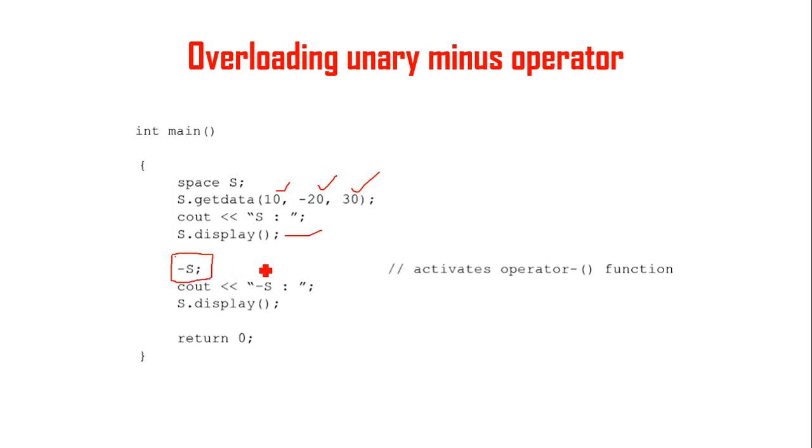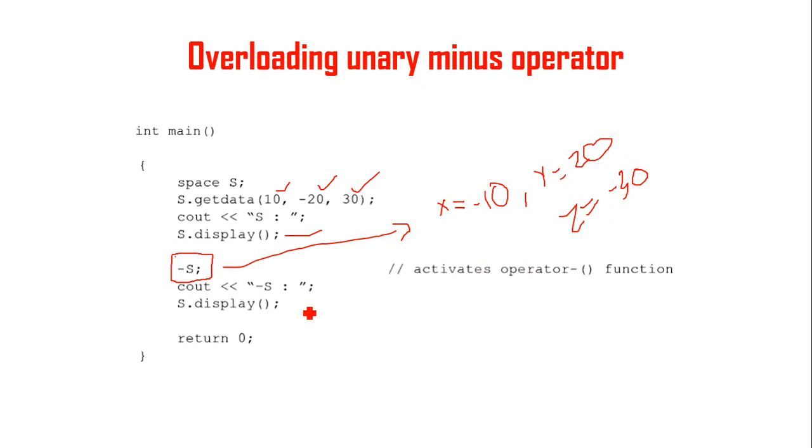So what will happen when you execute this statement? Previously x was 10, now it will become minus 10. Similarly, y is already minus 20, so it will become plus 20. Then z is 30, now it will become minus 30. So it will be complemented.